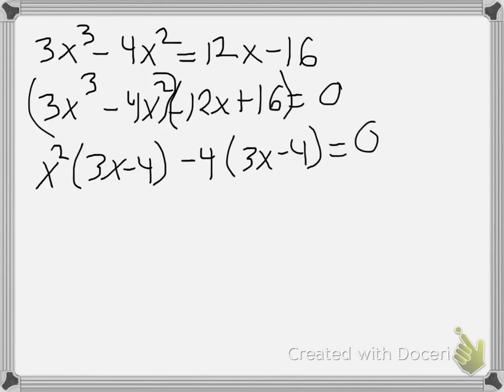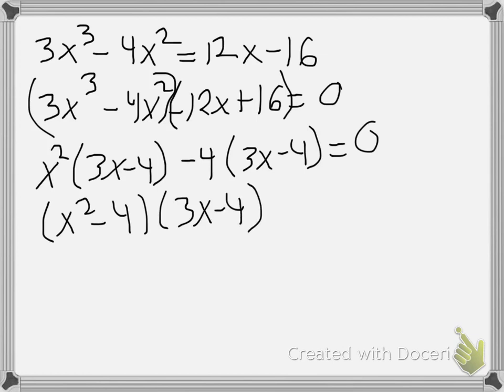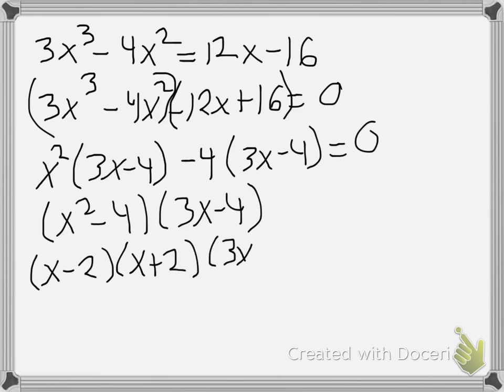All right, so now we have our two pairs. We have x squared minus 4 times 3x minus 4. So this gets factored, so it becomes x minus 2 times x plus 2 times 3x minus 4 equals 0.